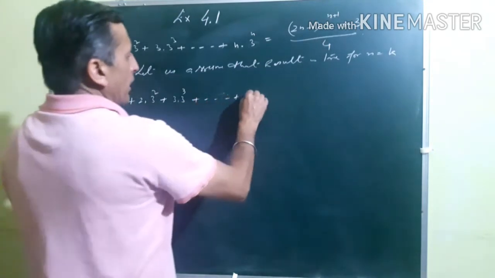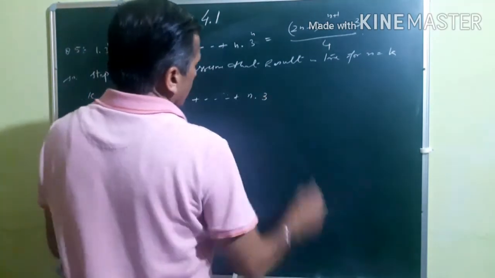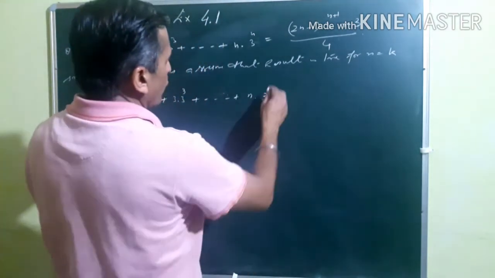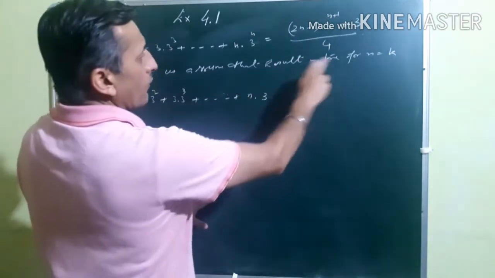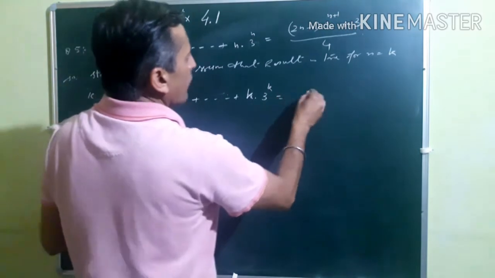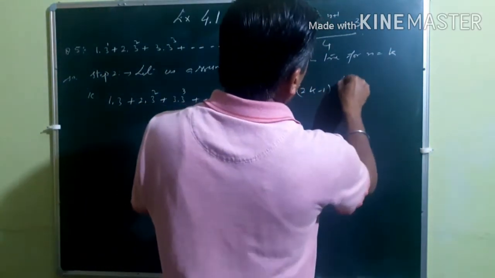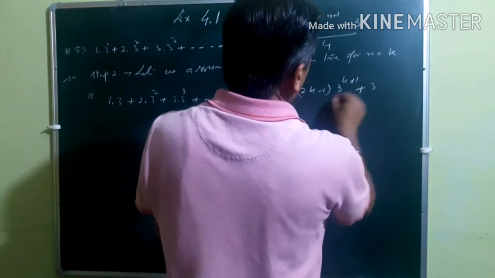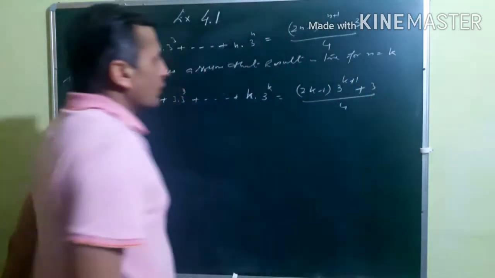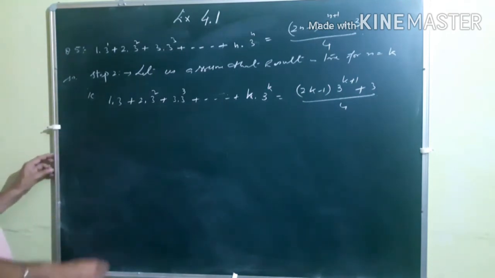The last term is k into 3 to power k, which is equal to (2 into k minus 1) into 3 raised to power k plus 1 plus 3 whole upon 4. So this is the result that we have assumed up to the kth term.